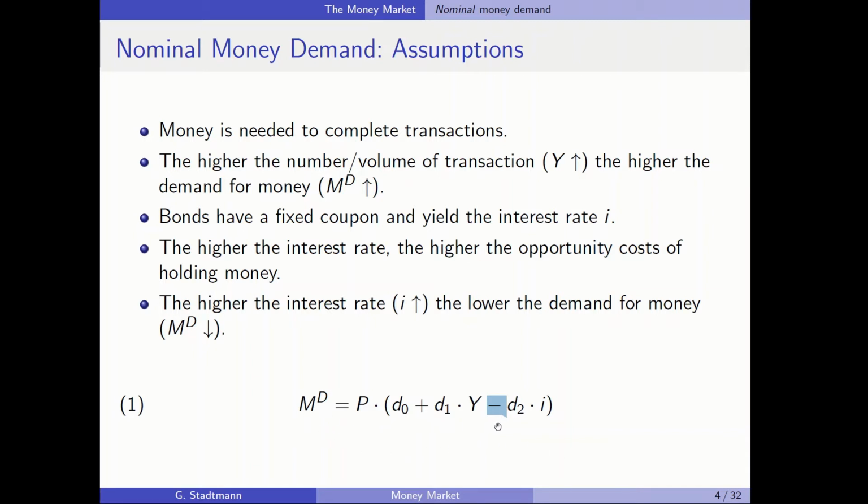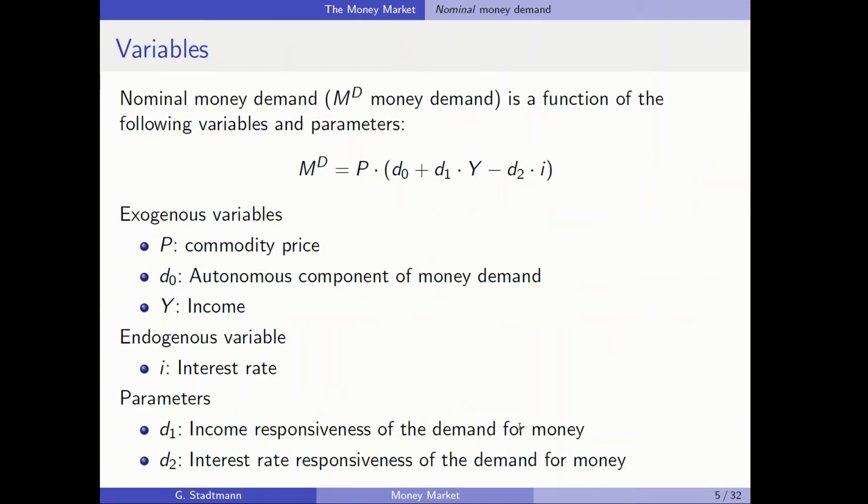Let's be a little bit more precise and have a look at the different components of this equation 1. We have here a function for nominal money demand, and this is a function of the variables and parameters on the right-hand side of this equation. The domestic price level P, D0 and Y are treated as exogenous variables in this chapter.